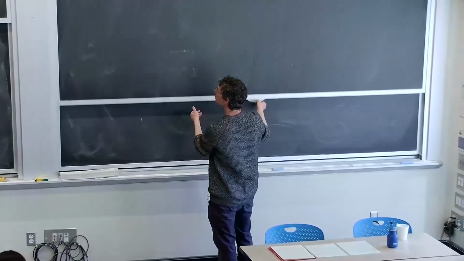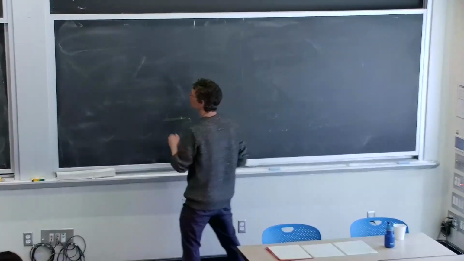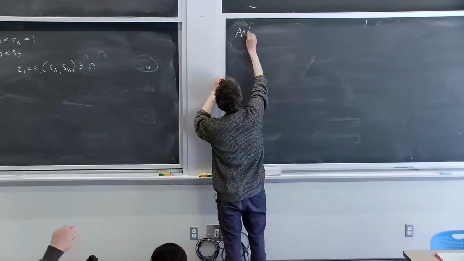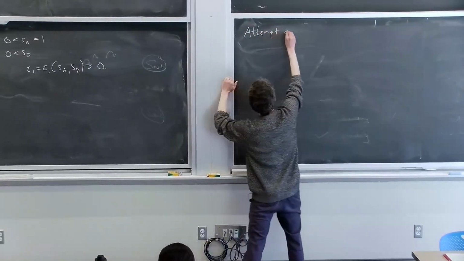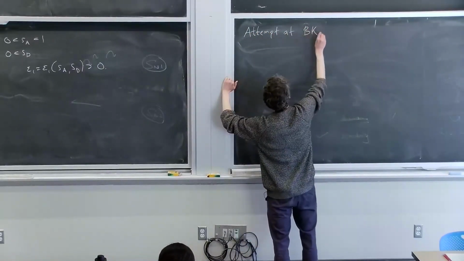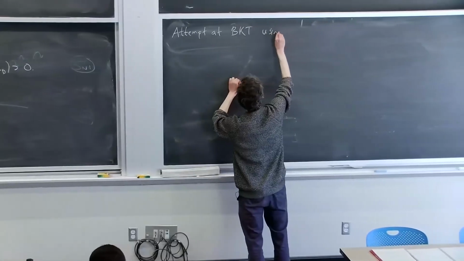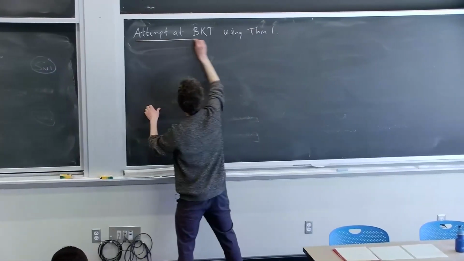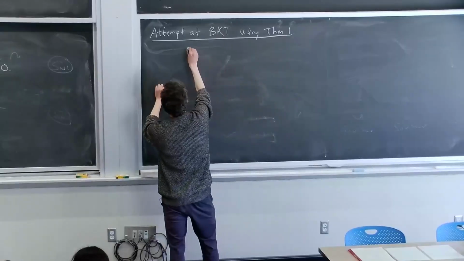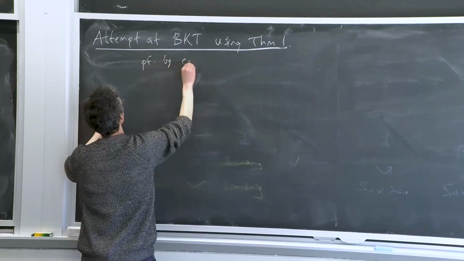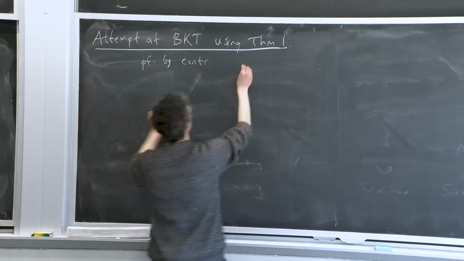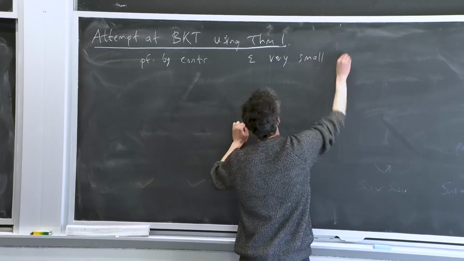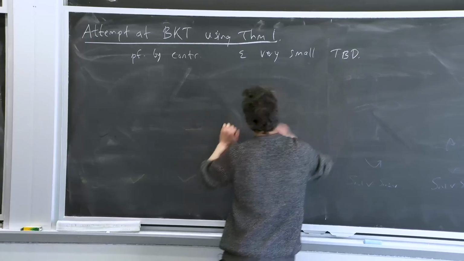OK. So let me call this an attempt at BKT using theorem 1. So we're going to do a proof by contradiction. We're going to say epsilon is very small, and it's to be decided.